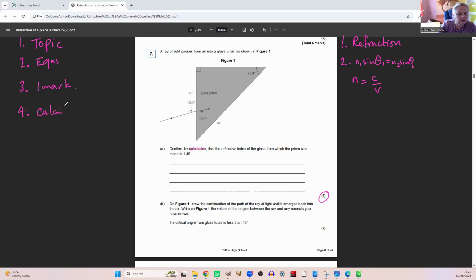Right, and then the next thing that we are going to do is highlight any numbers. So what numbers do we have? We have 15 degrees, 10 degrees, 45 degrees, 90 degrees, and 1.49.